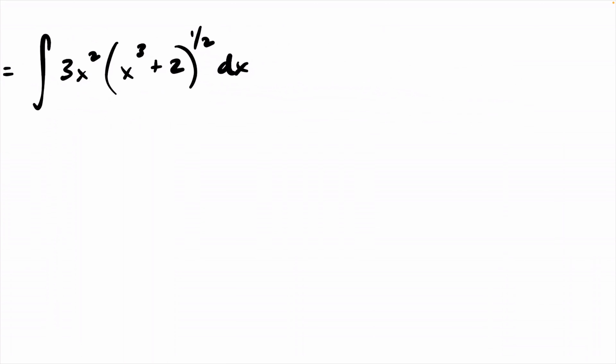We identified u. We identified the innermost part. What did we say the innermost part was? X cubed plus 2. Okay, so that's going to be our u. Next, find du. What is du? 3x squared dx.